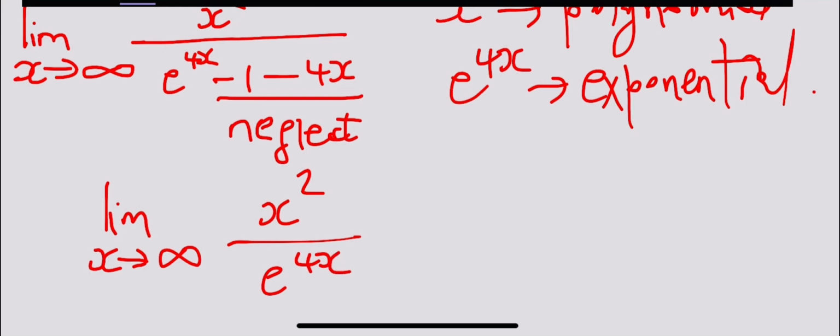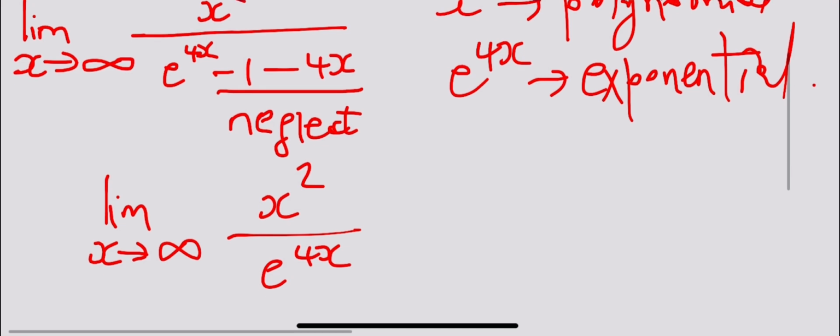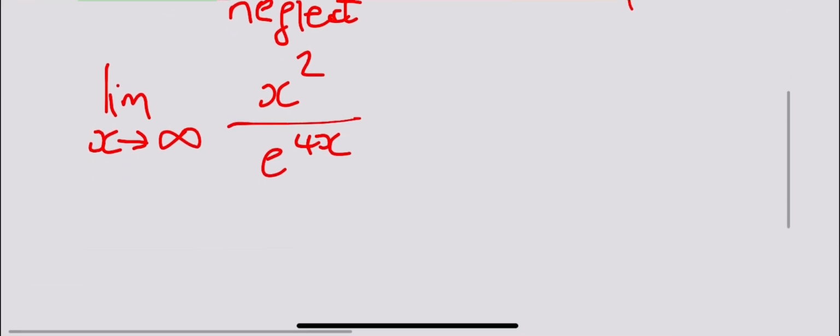We first deal with those little things, the -1 and -4x, that would cause us problems. I hope you're still following. Now we're having a new problem: the limit as x goes to infinity of x squared divided by e to the 4x.